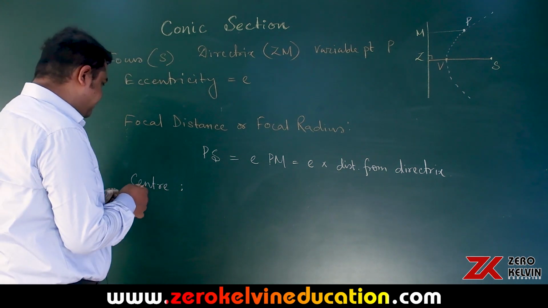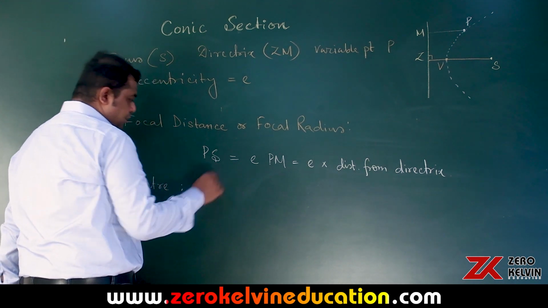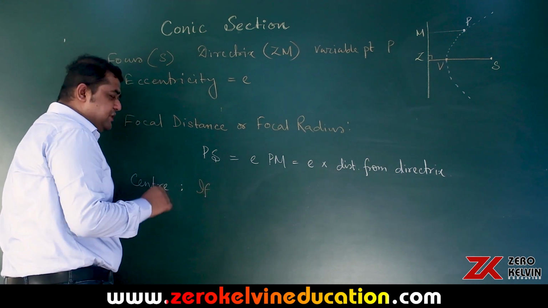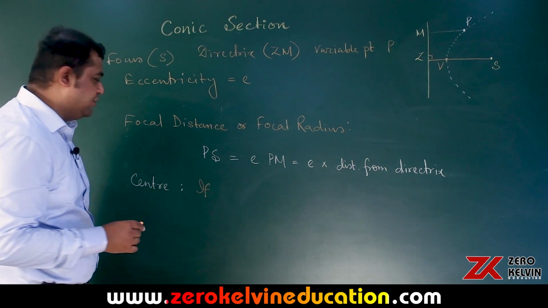Now, this description starts with "if". So, that means what we are going to justify may or may not exist corresponding to every conic.